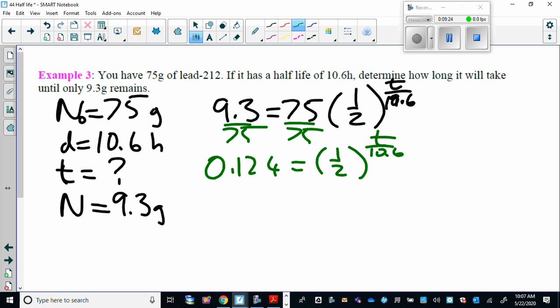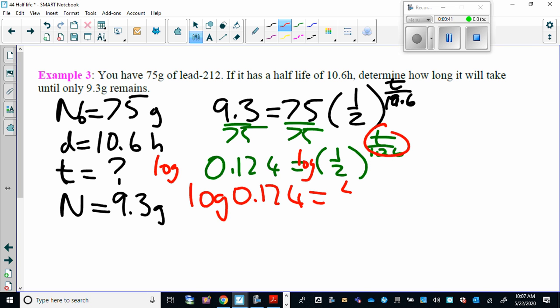And then to solve for the variable t, since this is part of the exponent, I'm going to take the log of both sides. So I get log of this equals, and then using my logarithm laws, the exponent jumps out in front: t over 10.6 times log 1/2. And from there on, it's easy to solve.